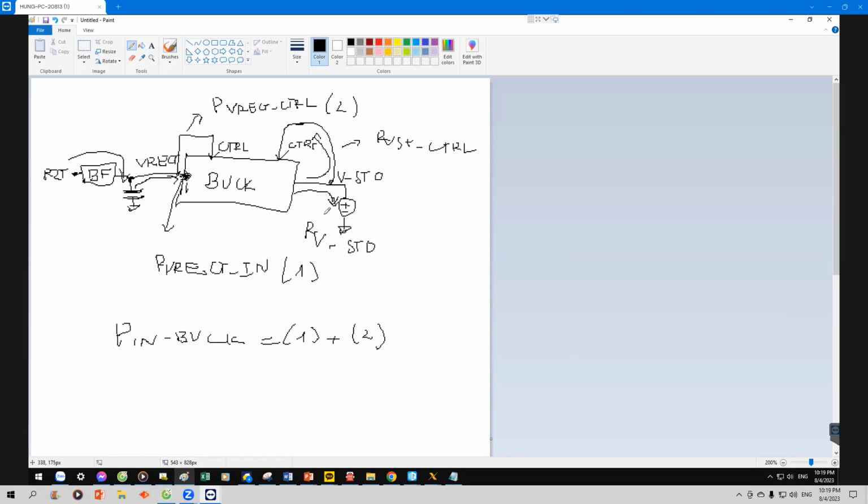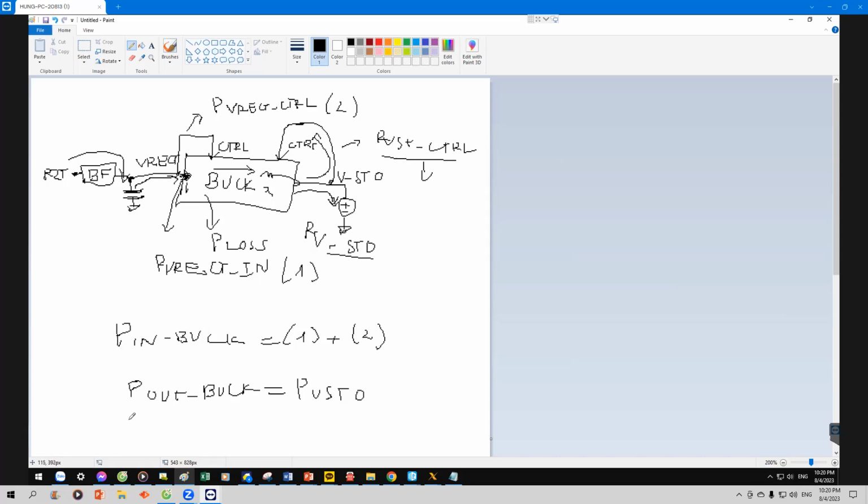So the output we consider as P out is just P V store. The rest is energy loss, right? Yes. And some energy losses are the P loss in conduction from the inductor or MOSFET, and other things will be other P loss, right?